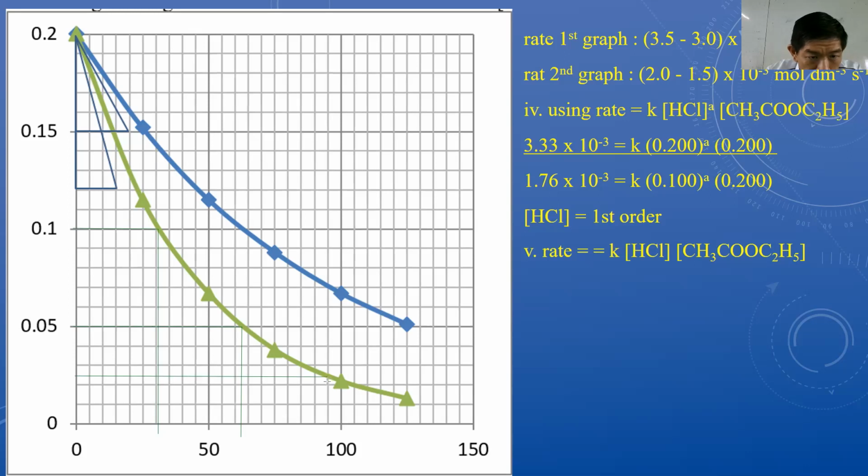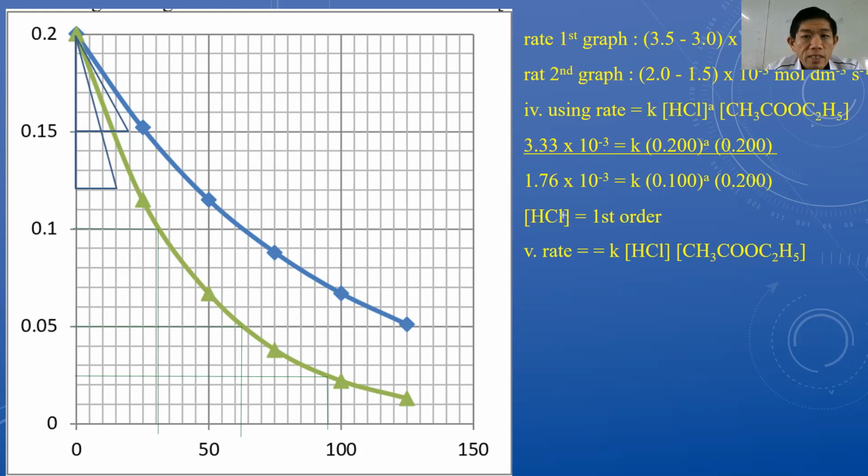If you look carefully at the timing in here, it is like 31 seconds, 62 seconds, 93 or 94 seconds. So based on this half-life, you can more or less predict that it is first order with respect to CH3COOC2H5. And then you can make use of the rate equations in here to calculate the order with respect to HCl.